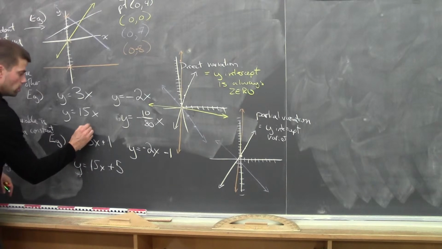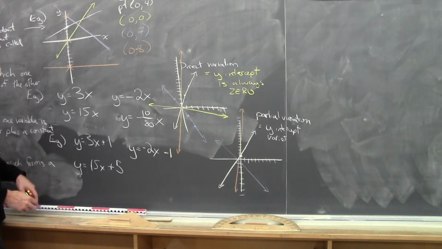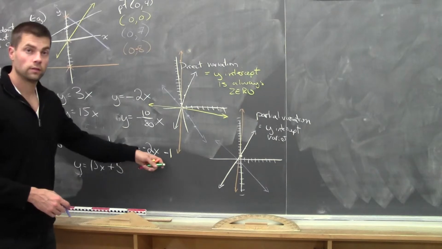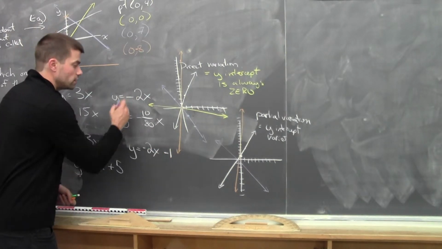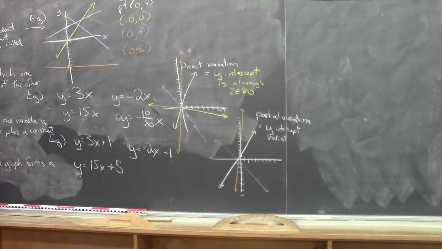Yeah, it would be 0 plus 1, right? This would be 0 plus 5. Yeah. So doesn't that mean that y will always be the constant? Yes. You're right. This is your y-intercept. Good. The equations that are this simple, you can see that this is your y-intercept. And that's going into tomorrow's lesson. Okay? Good observation, Michael.